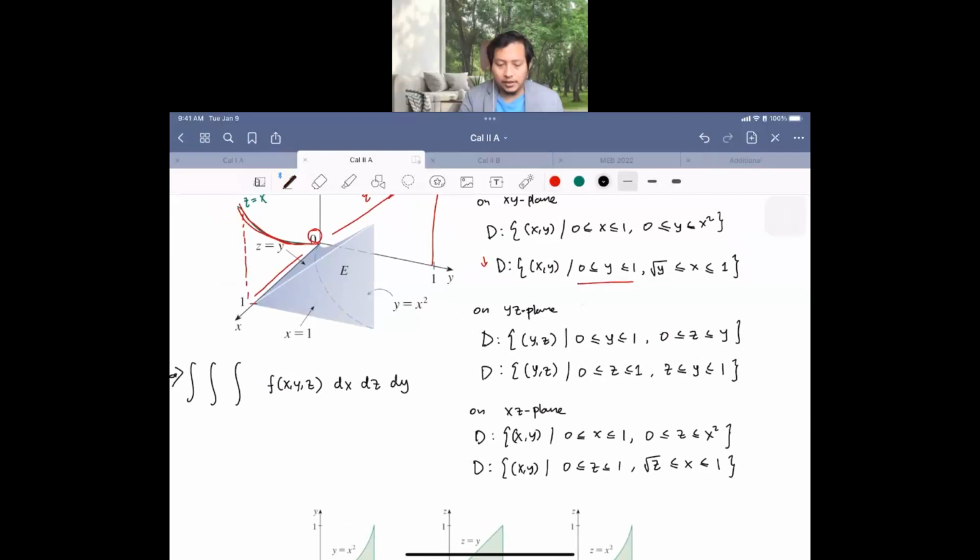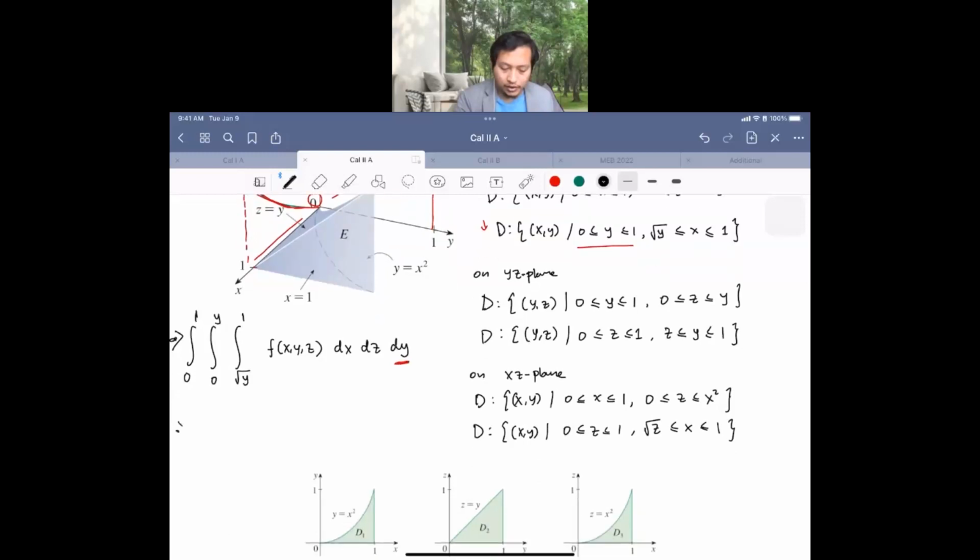So 0 to 1, and then dz should be a function of y, right, because the outside is dy. So we could write dz from 0 to y, and then square root of y to 1 for x.